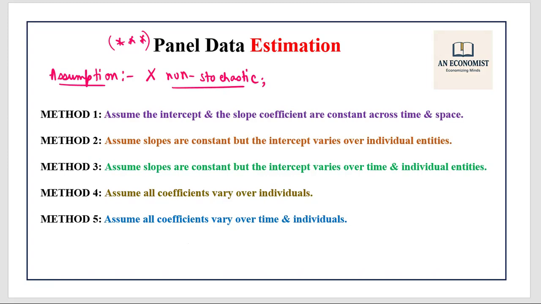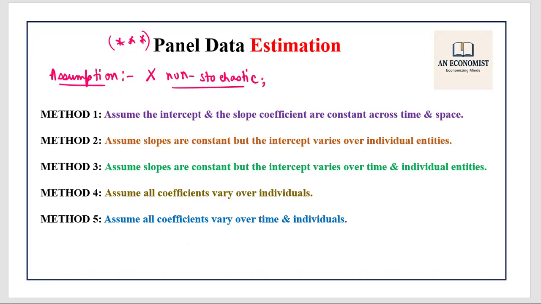I have made separate playlists on econometric methods and advanced econometrics. This is the playlist that is going on. And in both the playlists, I have used this non-stochastic term multiple times. It basically means that X does not have any probability distribution. In repeated sampling, it will take fixed values. That is what is non-stochastic. So X is non-stochastic. This is the first assumption.